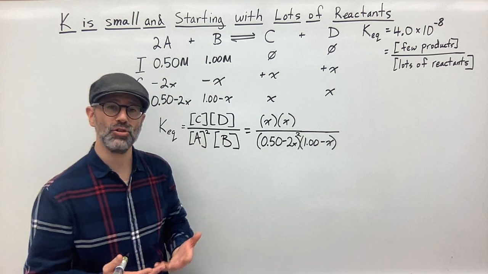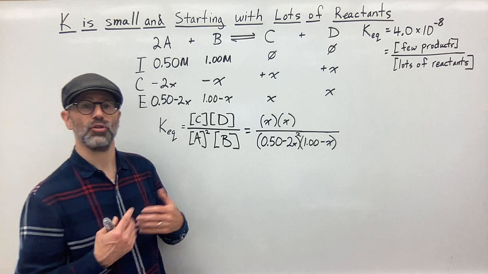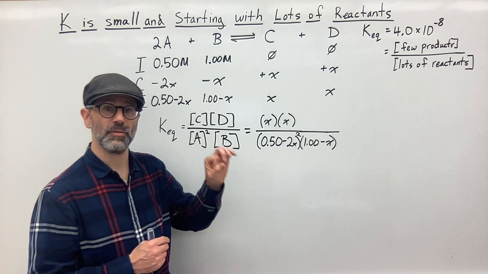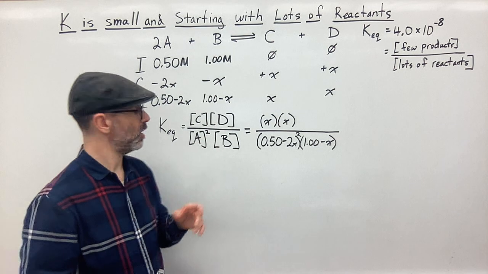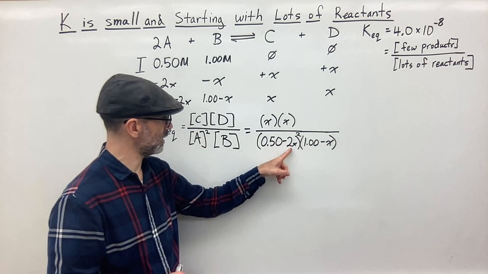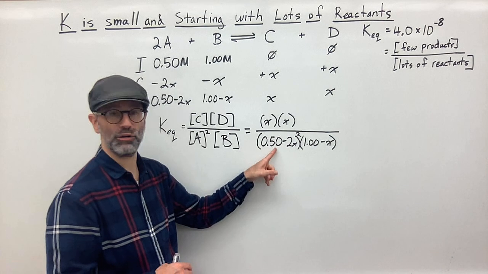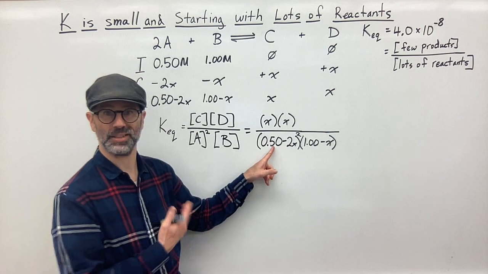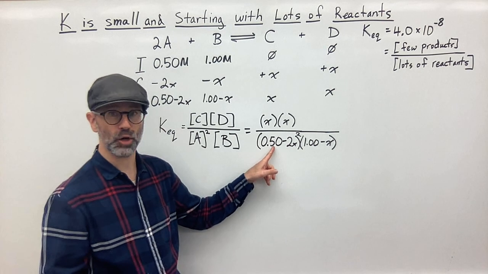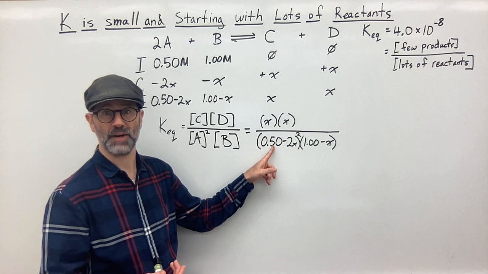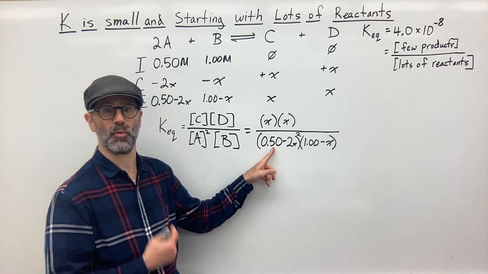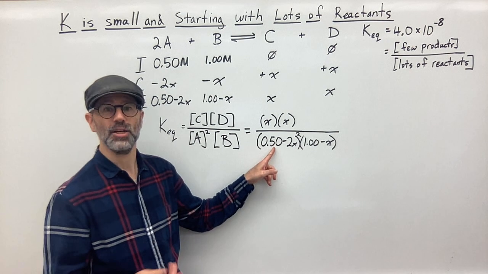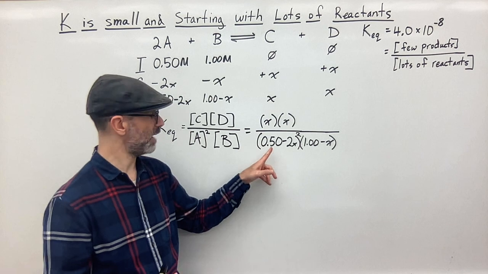So I can assume that it's going to be a small enough amount that I can ignore because subtracting this from 0.50 is really not going to affect the amount. It's going to end up being very close to 0.50 again, right? Maybe it's 0.49999, so that's very close to 0.50.